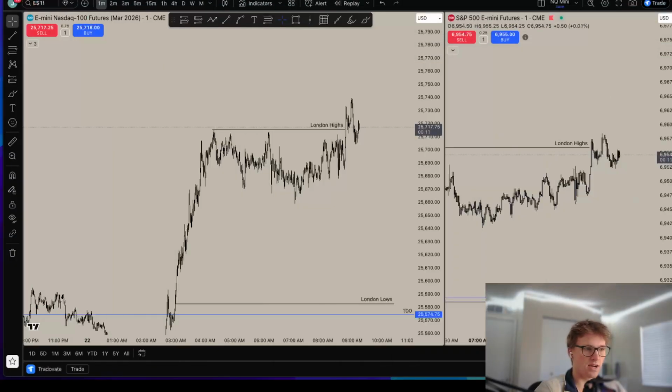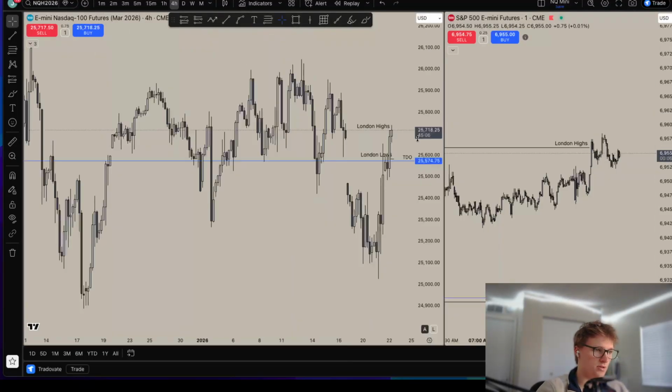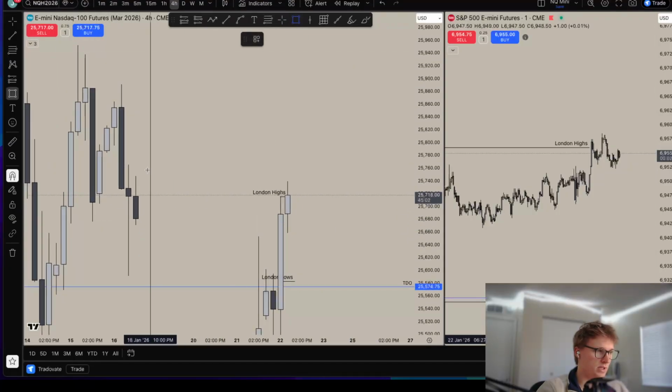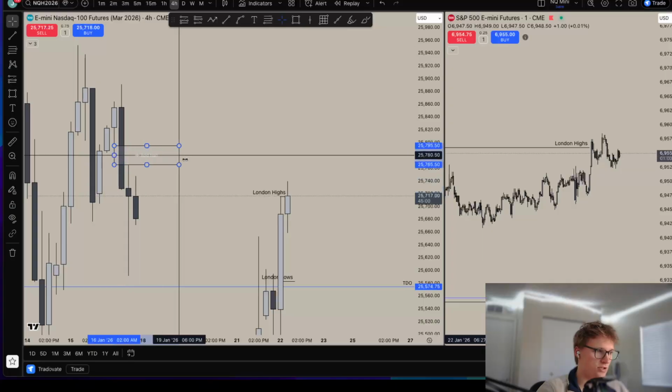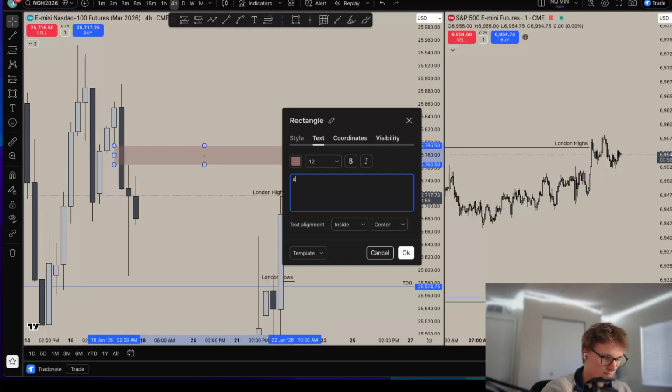Now we have to find higher time frame and lower time frame fair value gaps. So what we're going to do is go on the 4-hour time frame. Looks like we have this unfilled 4-hour bearish gap. Unfilled 4-hour right there.